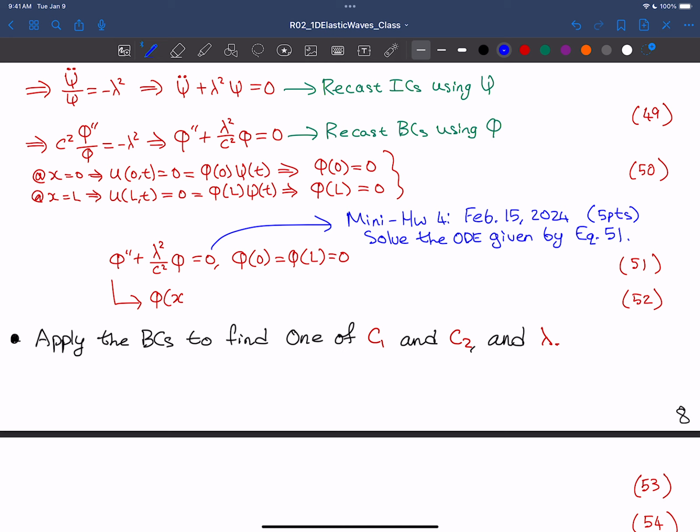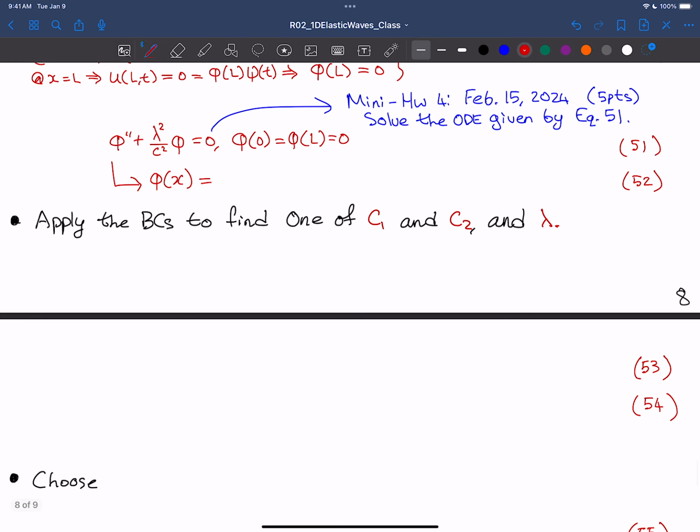That is, I want you to show the steps to produce the solution that I'm about to write down in equation 52. So the solution to that differential equation is phi of x is equal to c1 times the sine of lambda over c x plus some constant c2 times the cosine of lambda over c x.